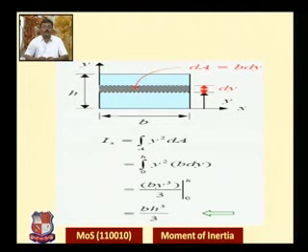Accordingly, we can also find out the MI of the rectangular section on its centroidal axis. This can also be found by using the perpendicular and parallel axis theorem.